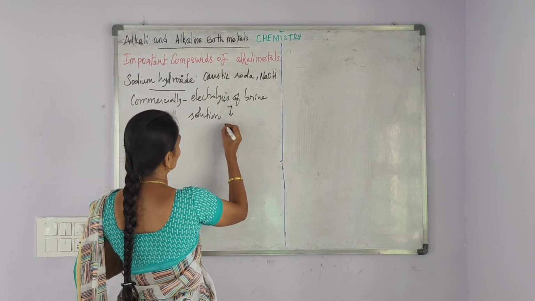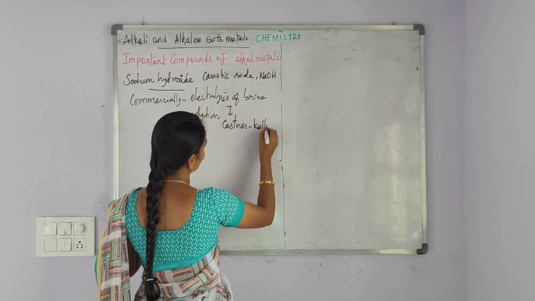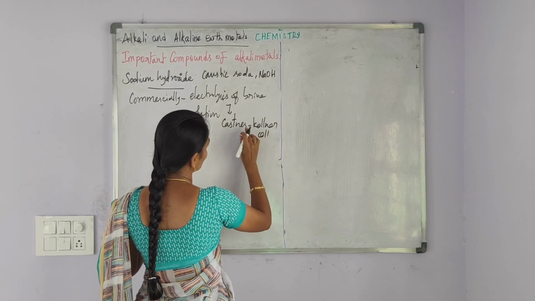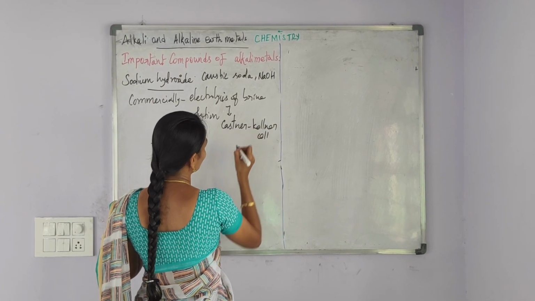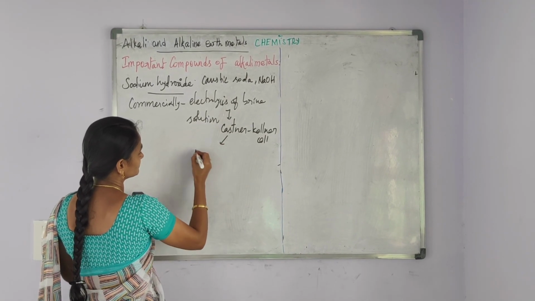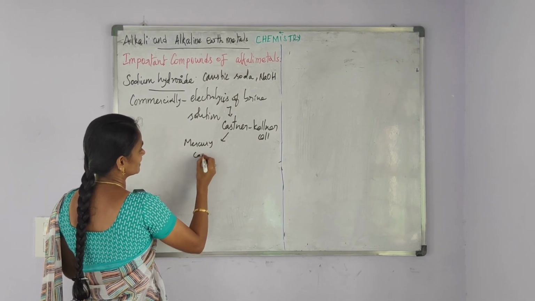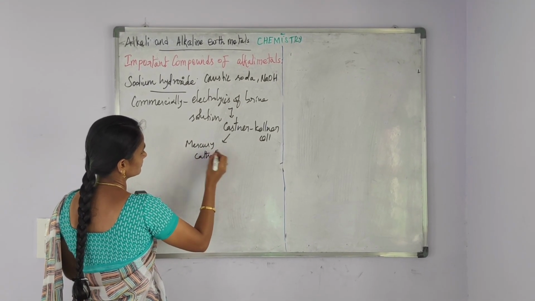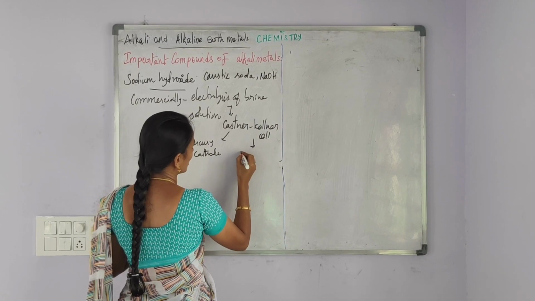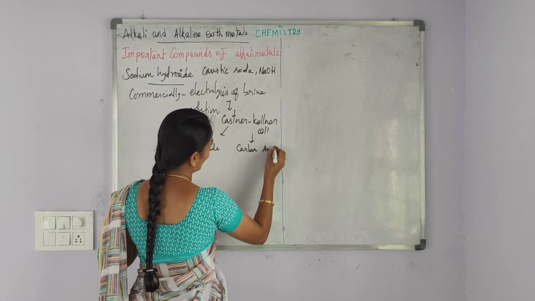Electrolysis takes place in a Castner-Kellner cell. In the Castner-Kellner cell, mercury metal acts as the cathode and carbon, a non-metal, acts as the anode.